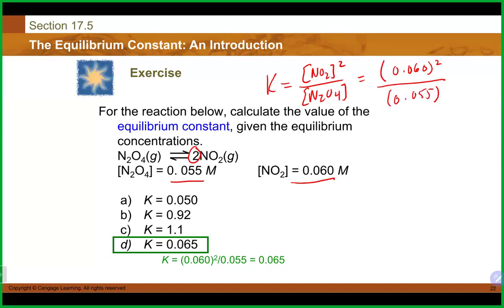I feel like there's a mistake on one of these. 0.065 looks good. That would be considered a small value of K, which means when we reach equilibrium, we should actually have mainly reactants in this case. Questions on that there? So again, it needs to be equilibrium concentrations to go into that, and basically just plug it in. Again, no units associated with it.